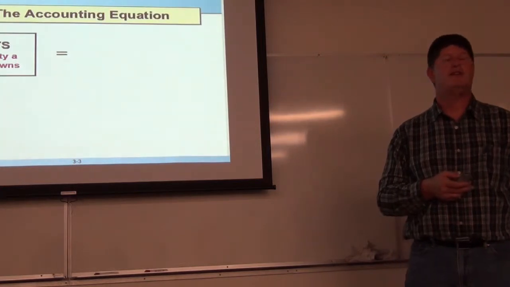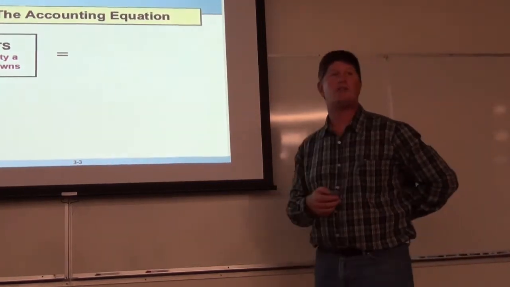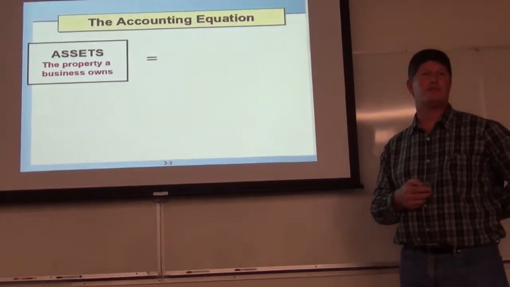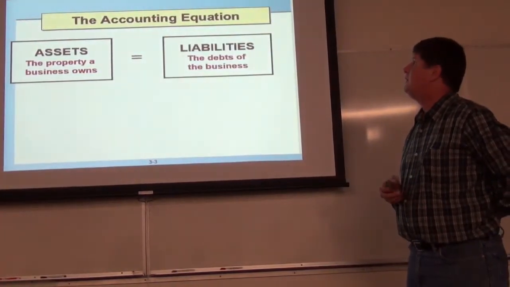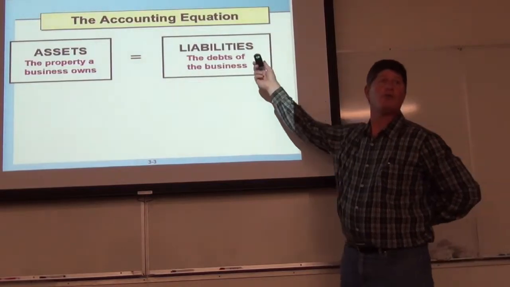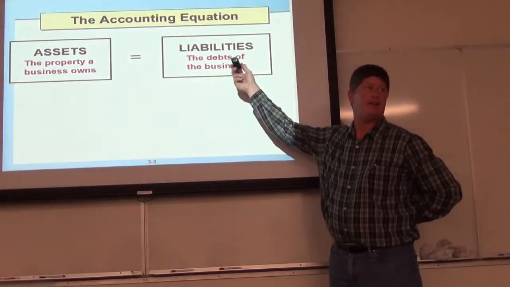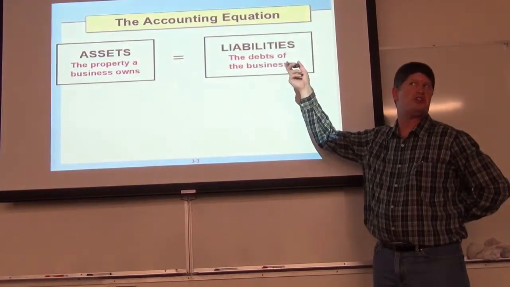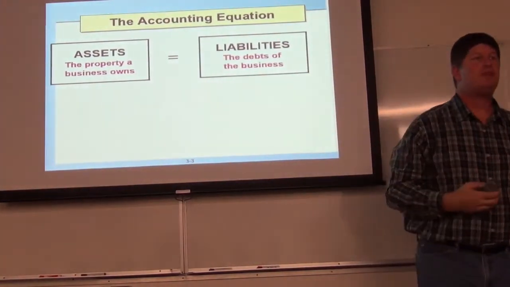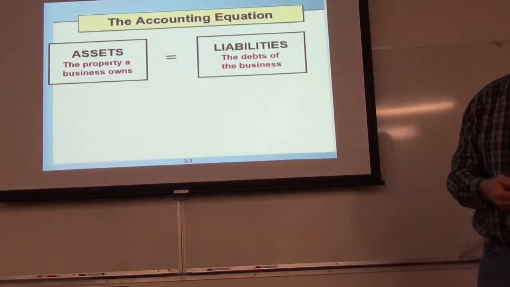All right. So assets are good things. Things that you own, things that have value, property. Liabilities, this is where we owe somebody else money. Assets good, liabilities not so good, right? They can be good if somebody's lending you money though.